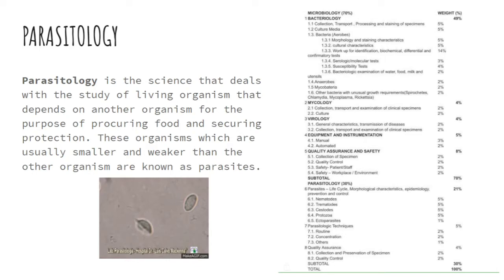So, usually, yung mga parasites is yung weaker or yung mas maliit. Actually, ang ating mga parasites, most of the time, are microscopic sila. Hindi niyo siya nakikita basta-basta without the aid of the microscope. At ito pong mga parasites na ito, most of the time, they depend on the host or the other organism, again, for the procuring of the food. So, para may nutrition sila and also securing the protection.